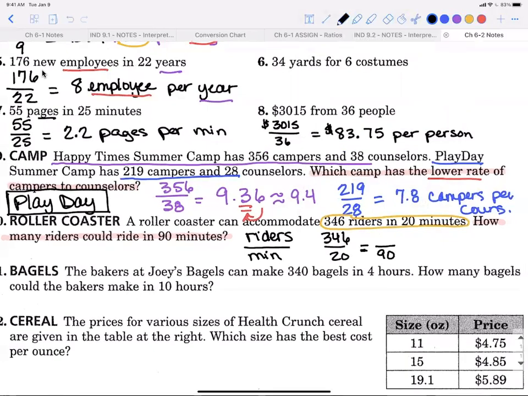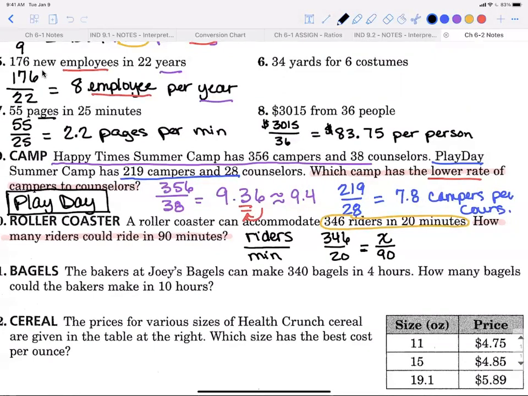That's my unknown, so I have to put a variable in that spot. You can use X, you can use R for riders. I usually just use X generically, but I don't care what you use, just don't use an S. So out of two fractions, I only have 3 bits of information and I have 1 piece missing.